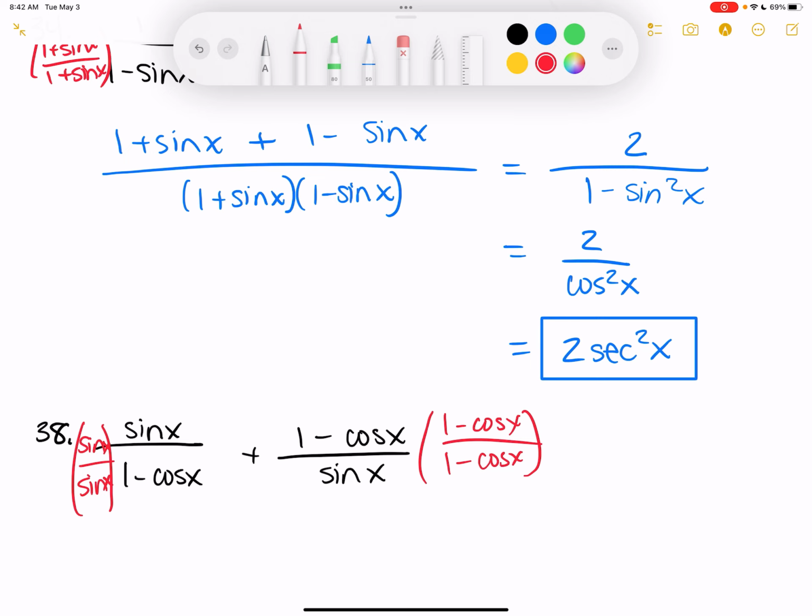So on top, I'm gonna have sine squared of x plus 1 minus cosine of x squared.